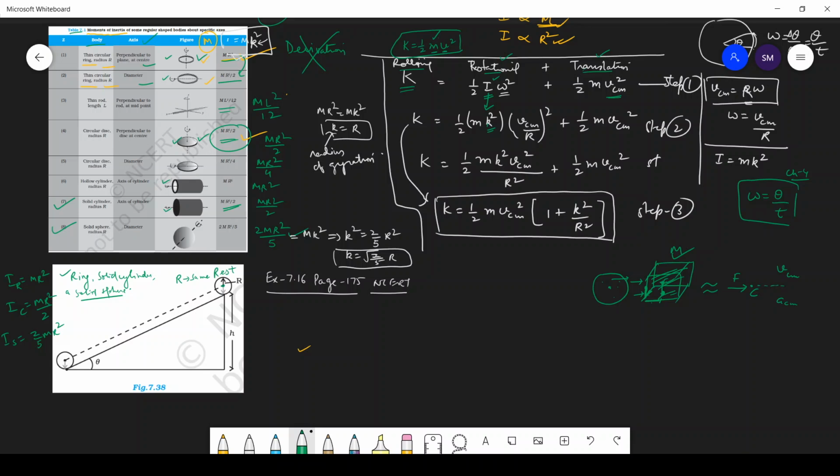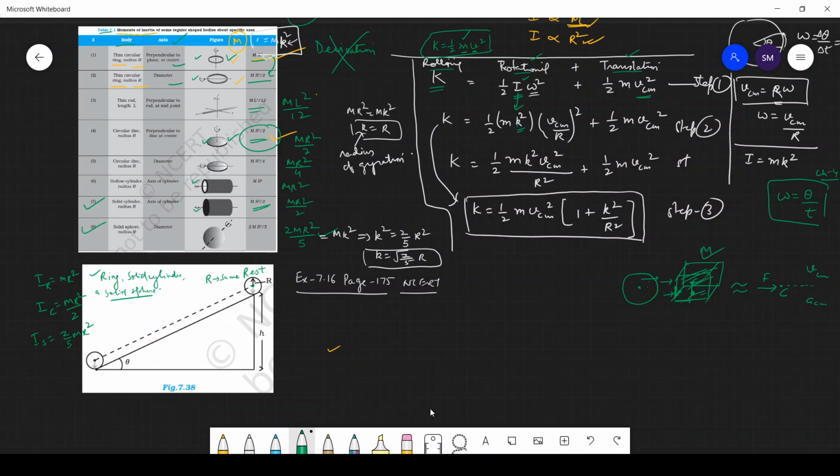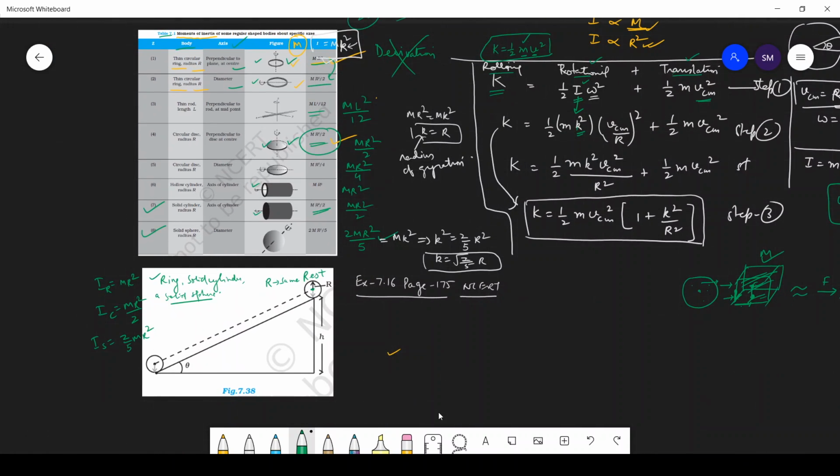So you can find the value of k square from here, putting each of them equal to mk square. This is for the case of the ring, this is the cylinder, and this is k for the solid sphere.